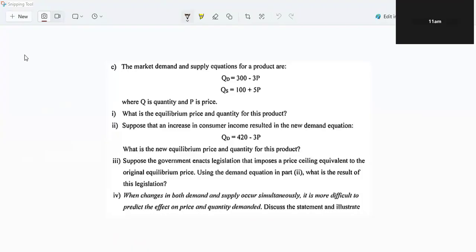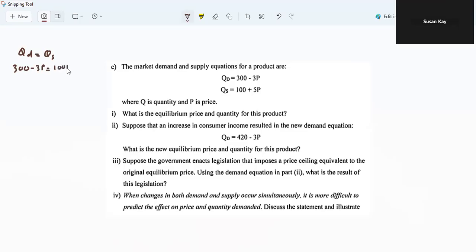So quantity demanded at equilibrium is equal to quantity supplied. So 300 minus 3p is equal to 100 plus 5p.